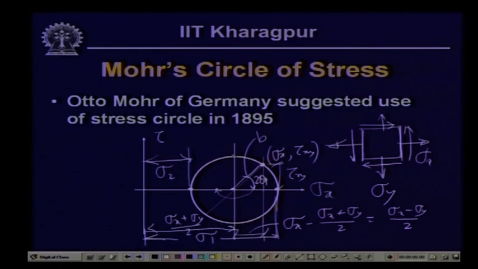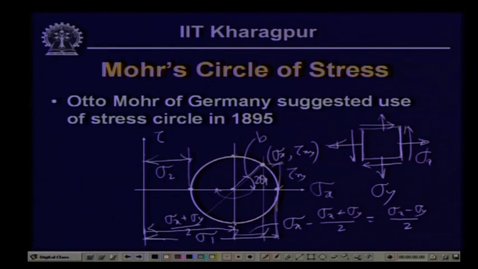This particular point and this point on the circle represent the maximum value of the shearing stress tau xy, which is equal to the radius which we have just evaluated, the root of [(sigma x minus sigma y)/2] squared plus tau xy squared. So, plus tau and minus tau are the maximum and the minimum shear stresses.